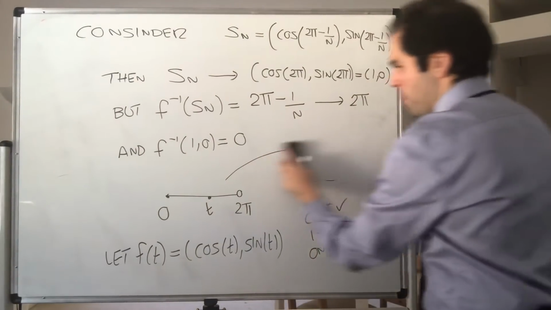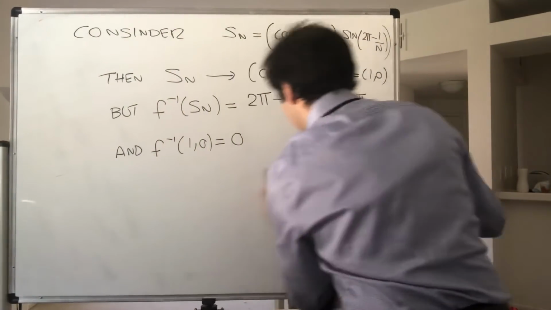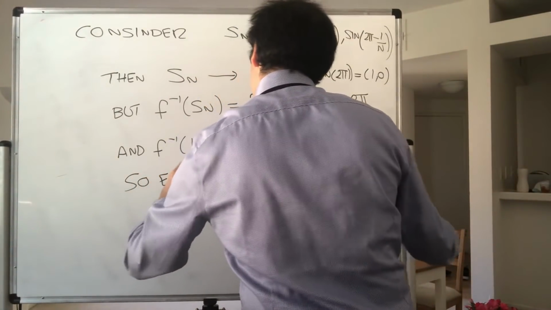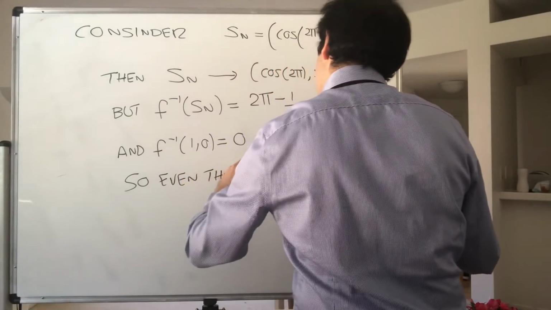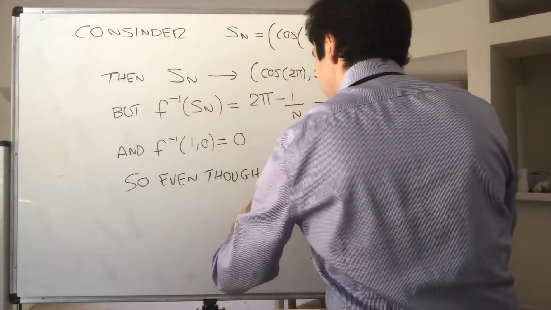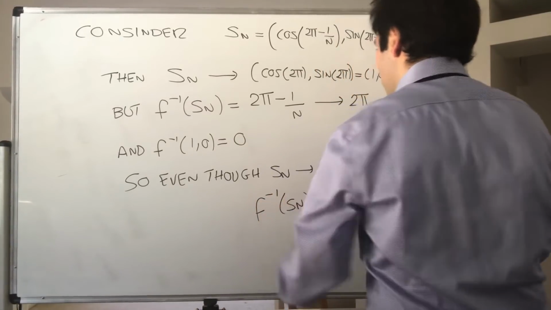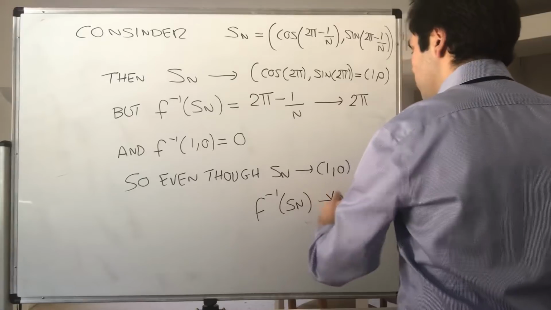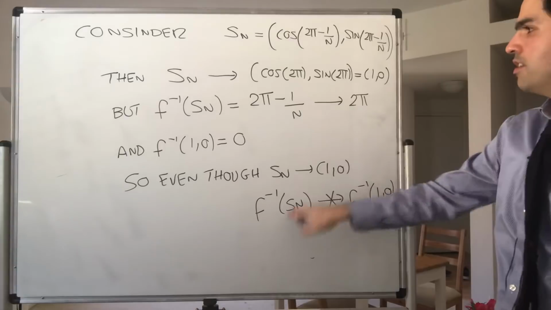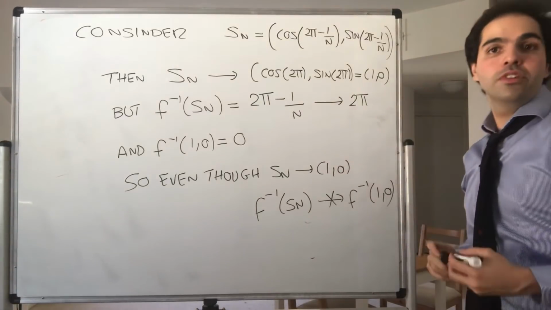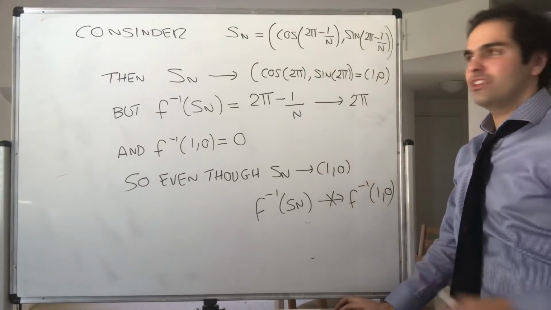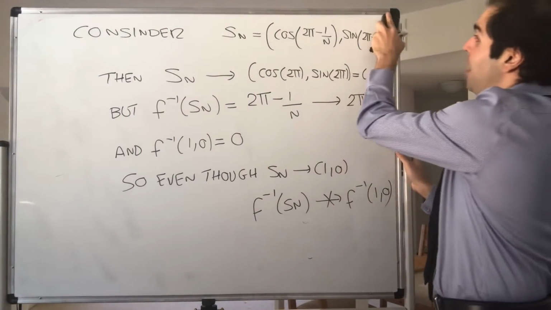Even though Sn converges to (1, 0), f inverse of Sn, which goes to 2π, does not converge to f inverse of (1, 0). Because you see, this limit is 2π, but this number is 0. Therefore, f inverse cannot be continuous, because if it were, this would be true.